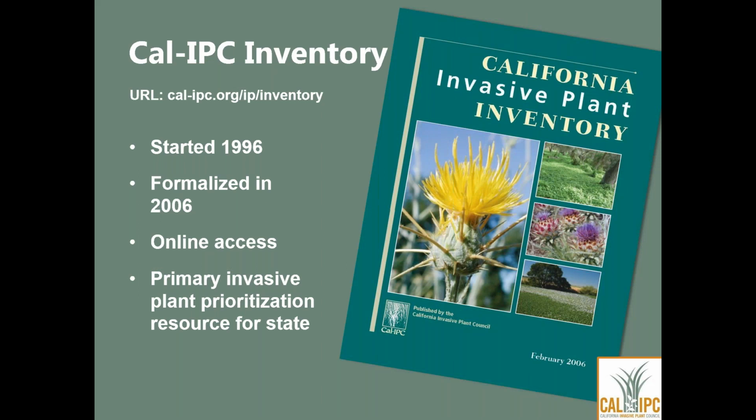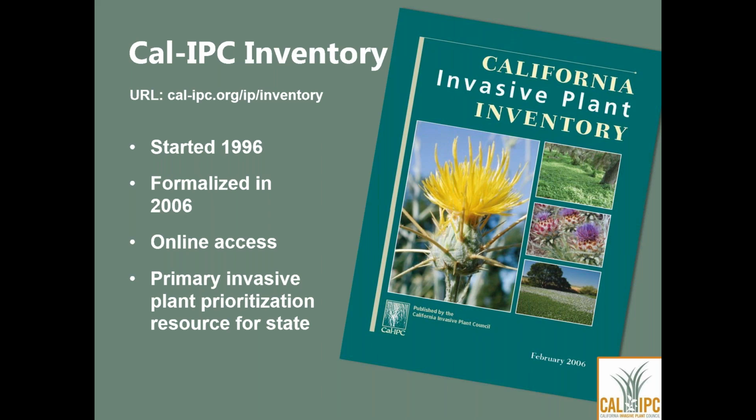So the CalIPC inventory started, again, as one of the reasons that our organization came together in the first place. It started in the mid 1990s. So I think we're proud to say we were one of the first states that really got a statewide list going. It was formalized, and by formalized I mean codified: these are the questions we're going to be asking, and this is the process that we're going to be following.